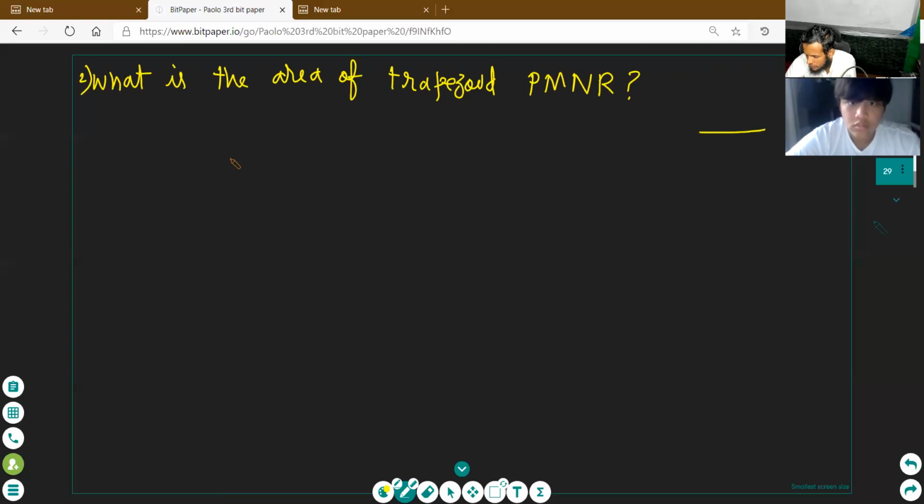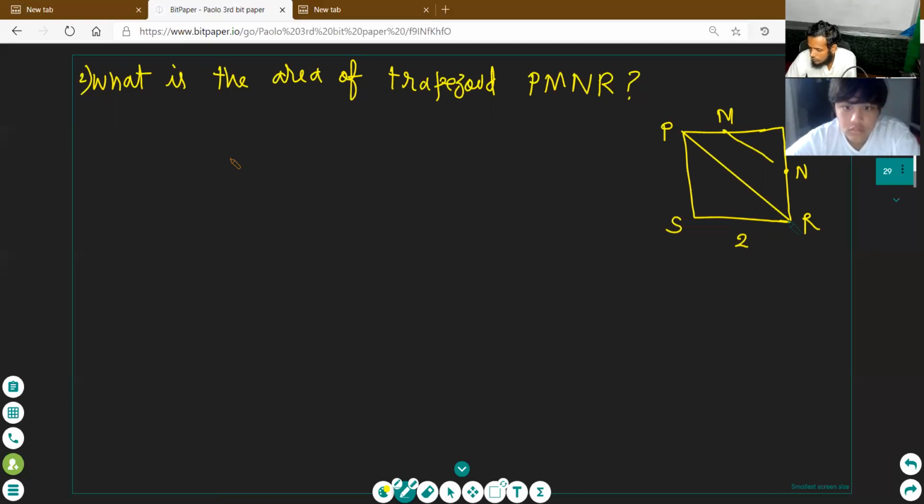I'm making it again, not perfect, roughly I'm making, okay? By using this, find the area. Find the area, okay?